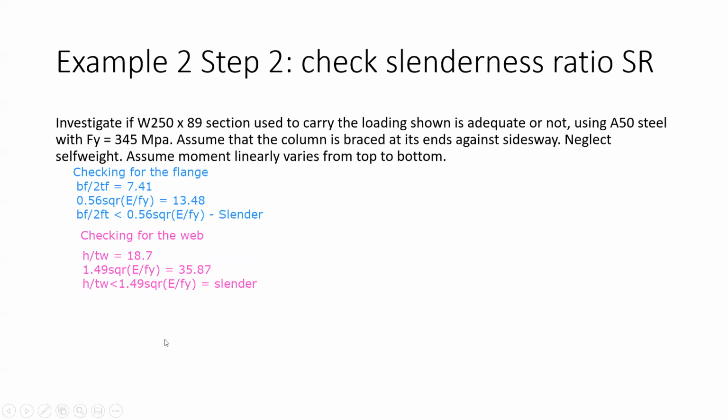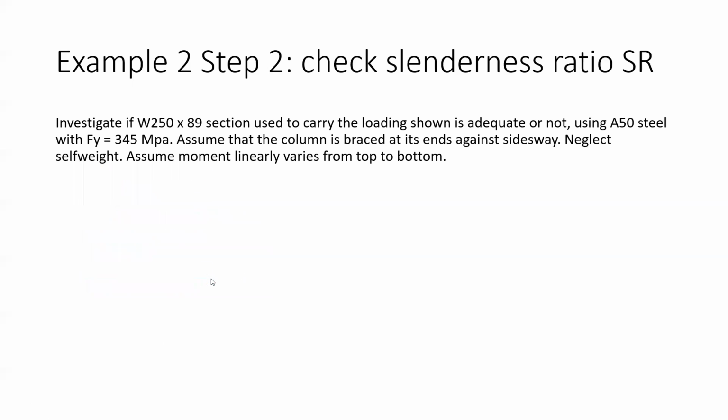To check for the slenderness along the major axis, like what we did earlier, you have your slenderness ratio equal to KL, that is your effective length, over r.